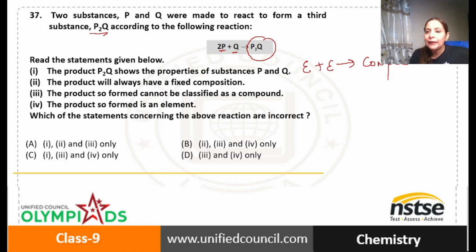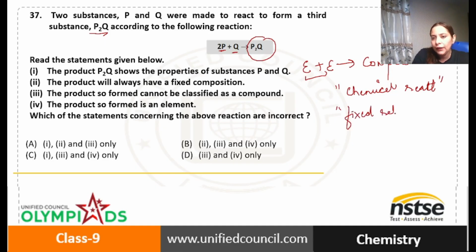Now what exactly is a compound? A compound is formed when elements chemically react with each other. When they react, they combine in a fixed ratio of volume and mass, and the ratio is always a whole number. Whenever a compound is formed, it will not show the properties of its elements.